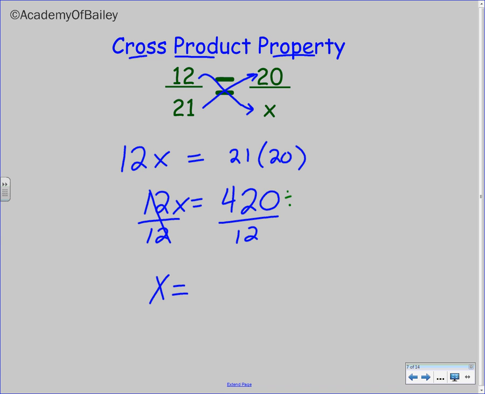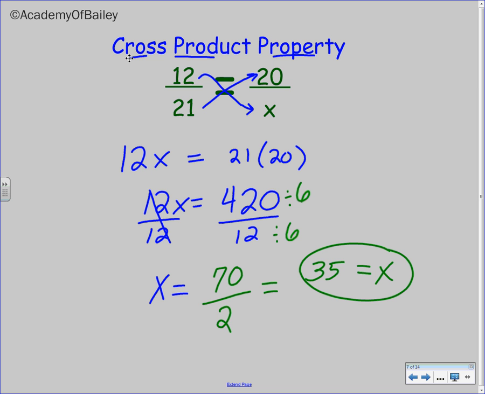About 6. 42 divided by 6 is 7, and then we bring down the 0. And 12 divided by 6 is 2. Now we have 70 divided by 2, and both of those are even numbers. 70 divided by 2 is 35. That's what x is equal to.